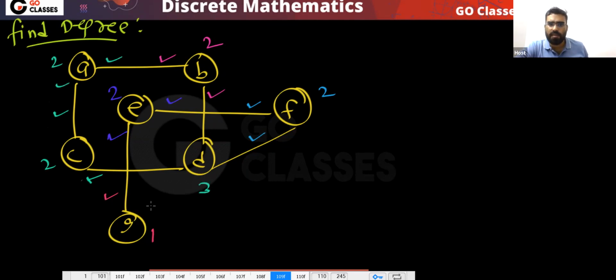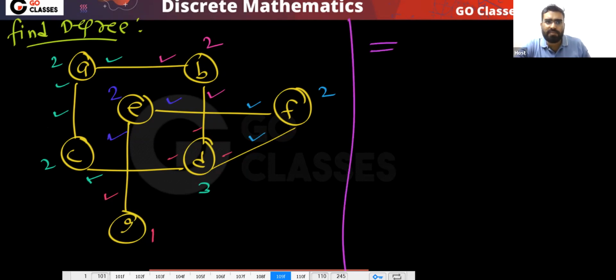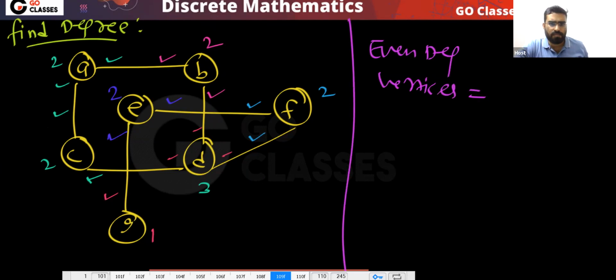Is it clear? Tell me, which vertices are even degree vertices? You can notice that A is an even degree vertex, B is an even degree vertex, C is an even degree vertex, E, F, these are the even degree vertices.